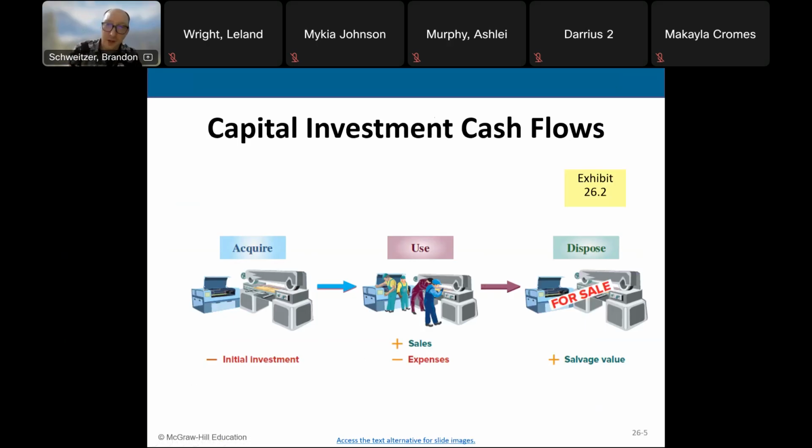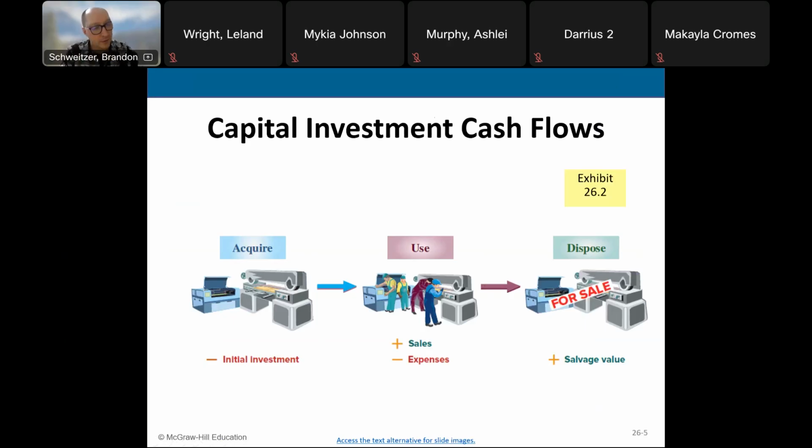Think about the cash flow, cost of acquiring it, millions of dollars up front, got to pay it to the vendor of the equipment. I get the equipment into use. I'm generating sales by using it, but I'm also generating expenses.